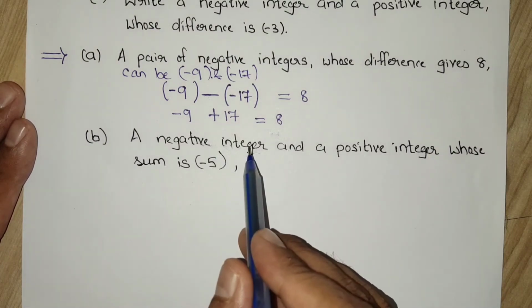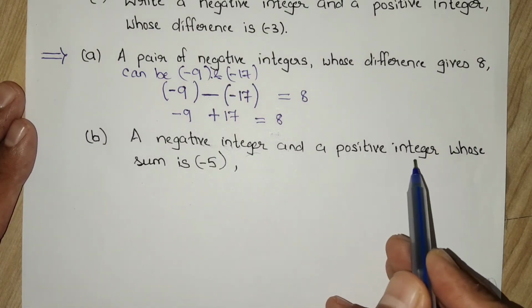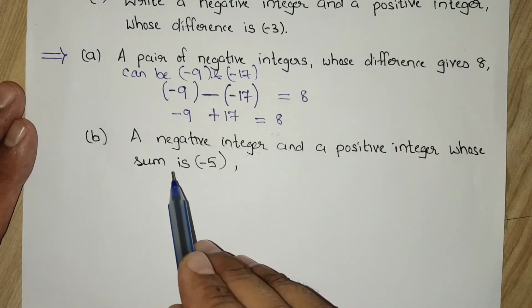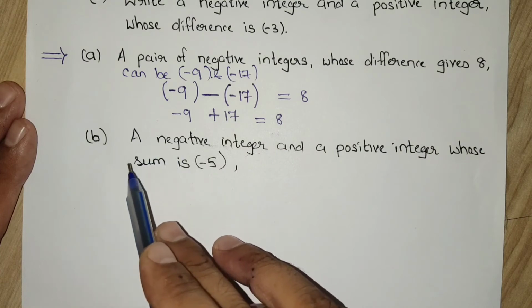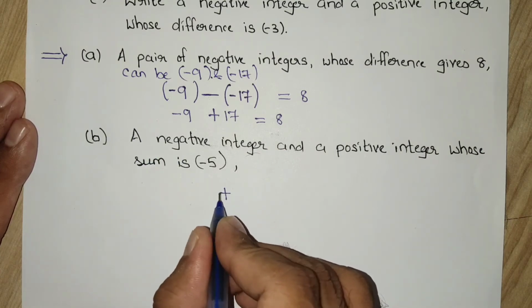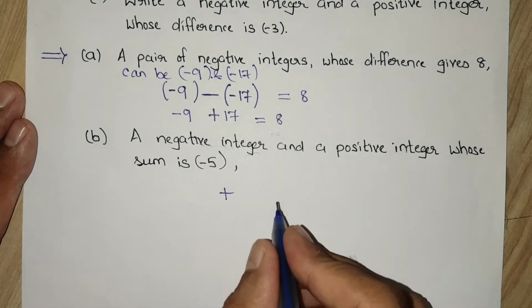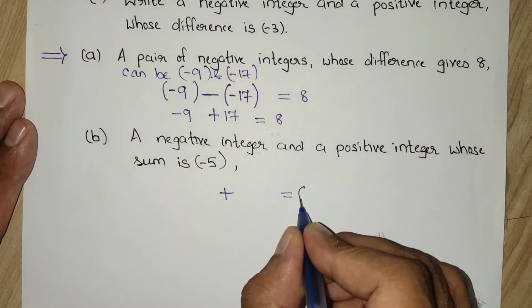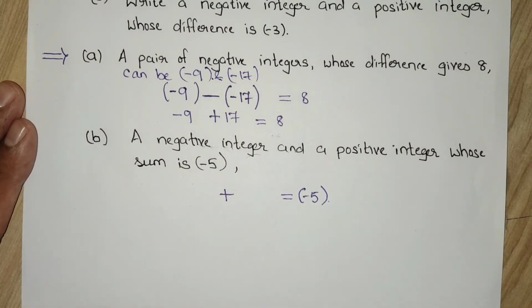One will be a negative integer and one will be a positive integer, and this time instead of difference you are supposed to do the sum of those two integers. That is, you have to add two integers whose sum will give minus 5.